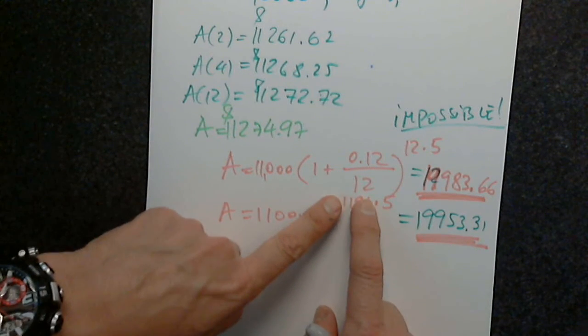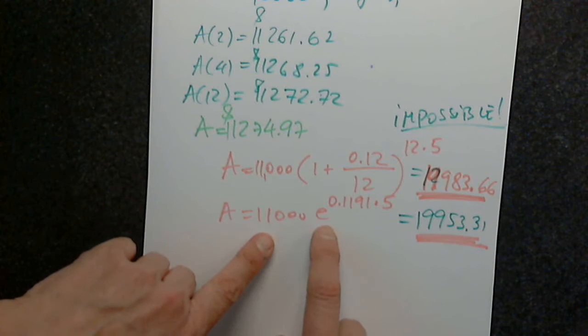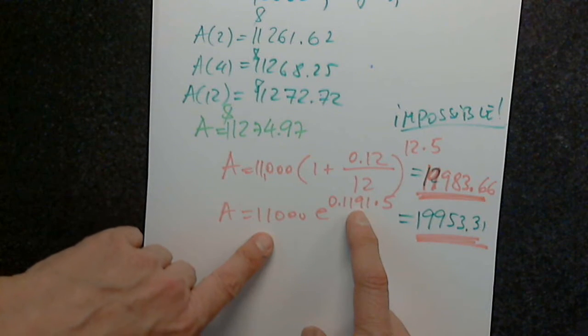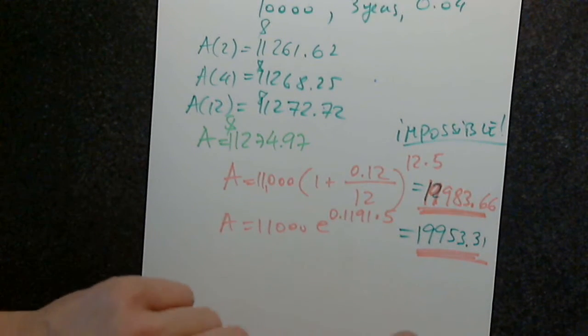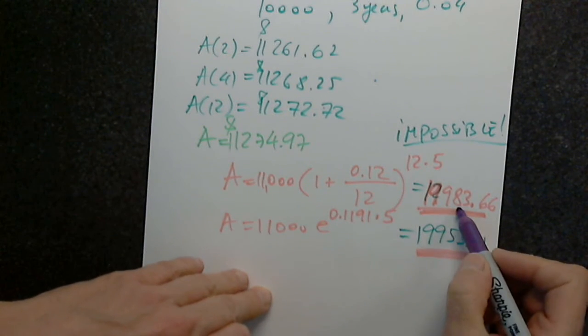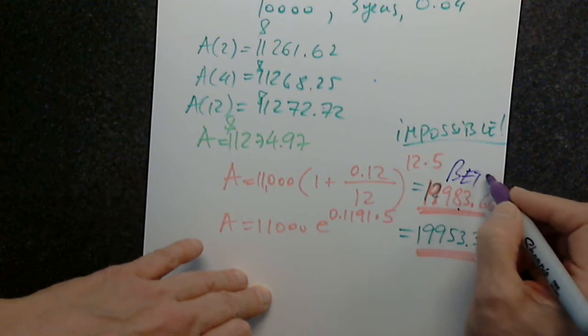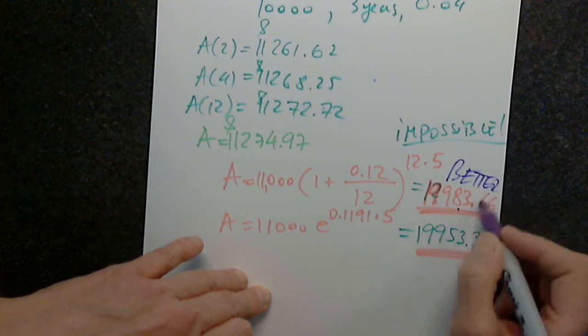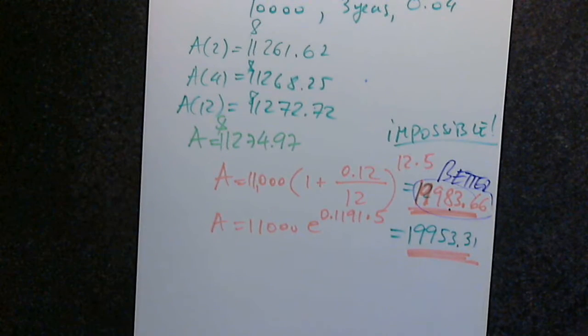Compounded 12 times a year at 12% or compounded continuously at 11.91%? This is better. So we will prefer compounded 12 times a year versus continuously for these conditions. Maybe if I change the rate, maybe the continuously is better. But for now, I would choose the first one.